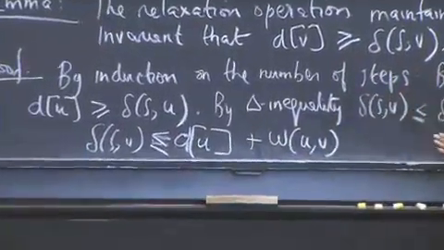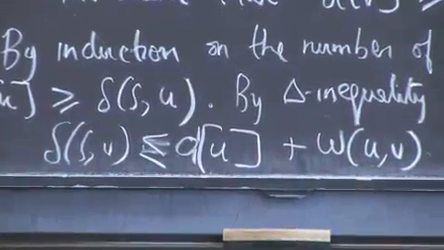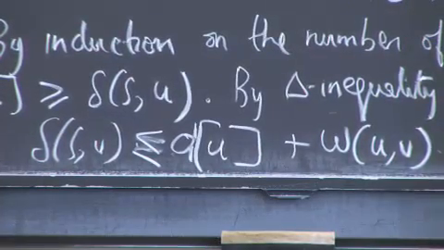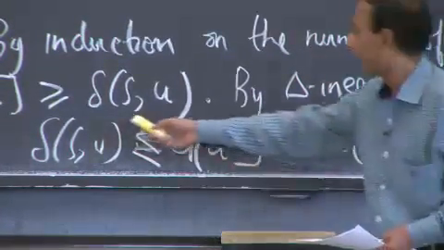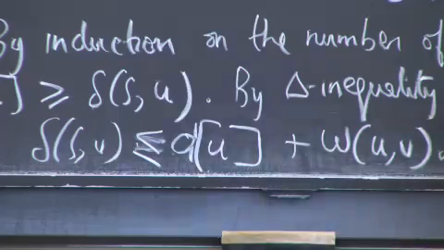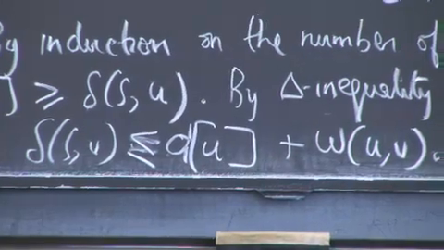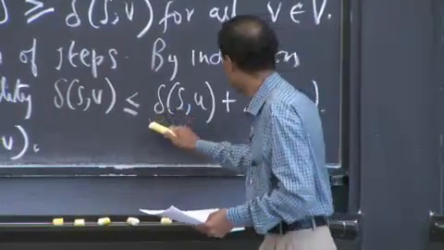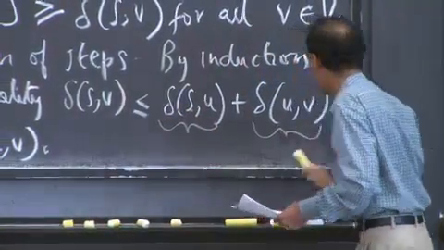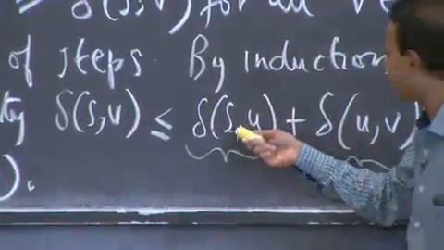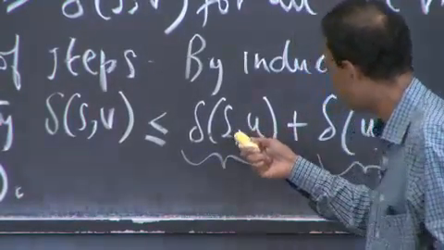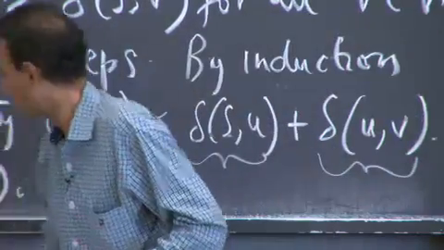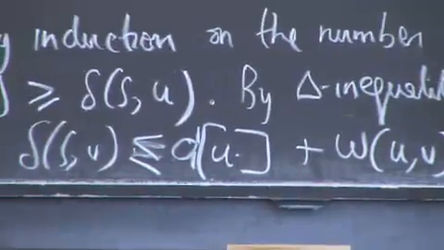So that's it. That's the proof. Fairly straightforward. Once you apply the triangle inequality, you simply look at each of these terms, and by the induction hypothesis, you could put d u here. And I just talked about the weights.